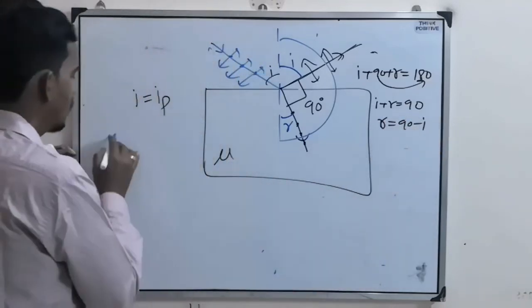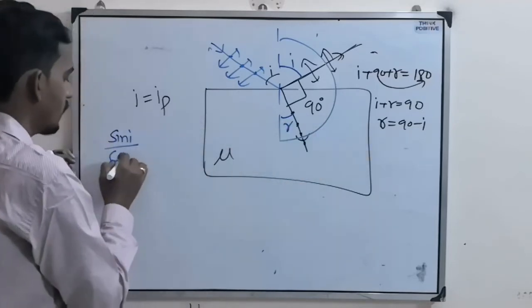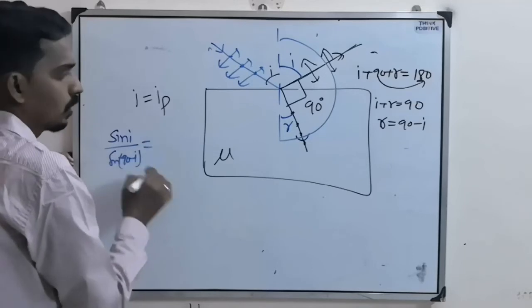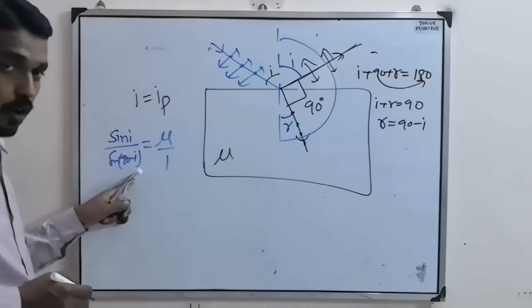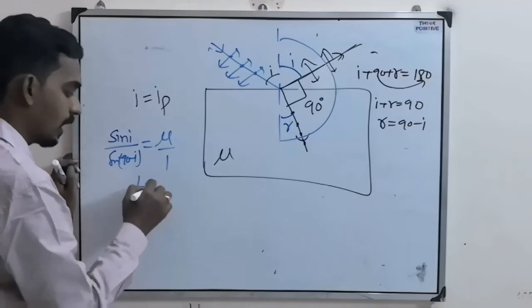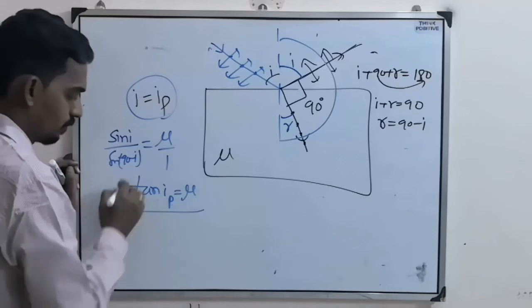Now you apply Snell's law. Sin i by sin r, that is sin i by sin 90 minus i, equals mu by 1. Sin i by cos i becomes tan i, where i is i p, equals mu.